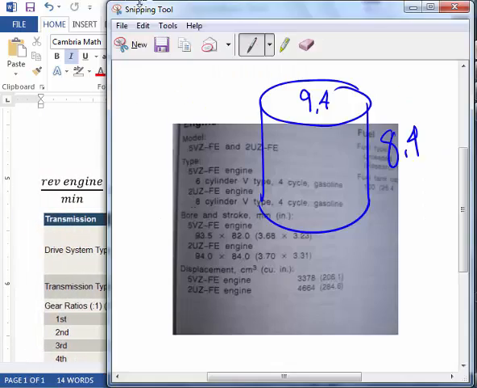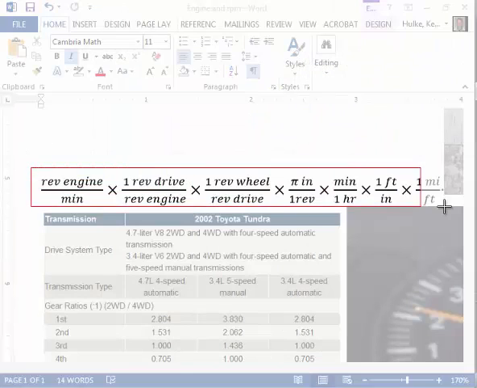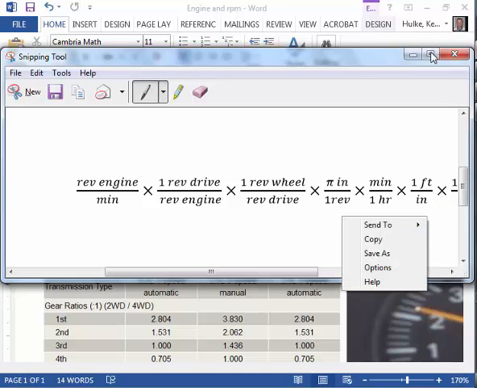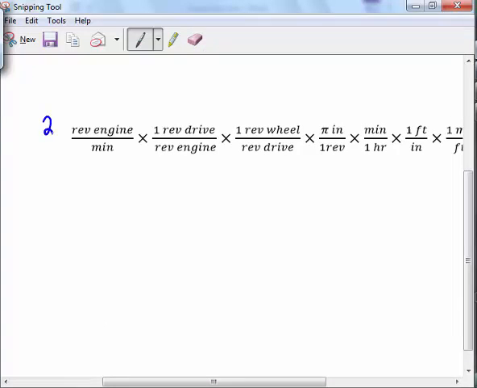Okay, here we go. We had, well, let's say 2,100 RPMs, and then one revolution of the drive was 0.566 revolutions of the engine. 4.5 revolutions of the drive was one revolution of the wheel.